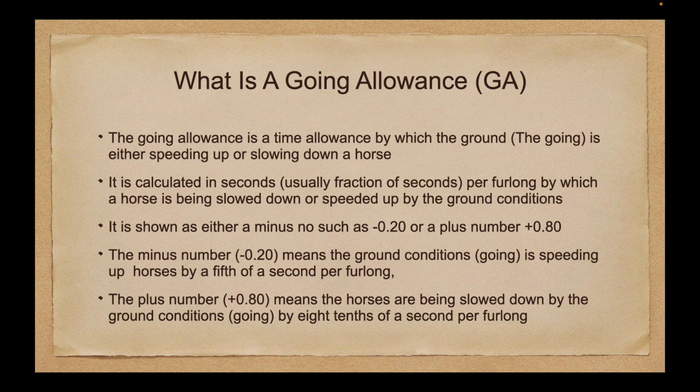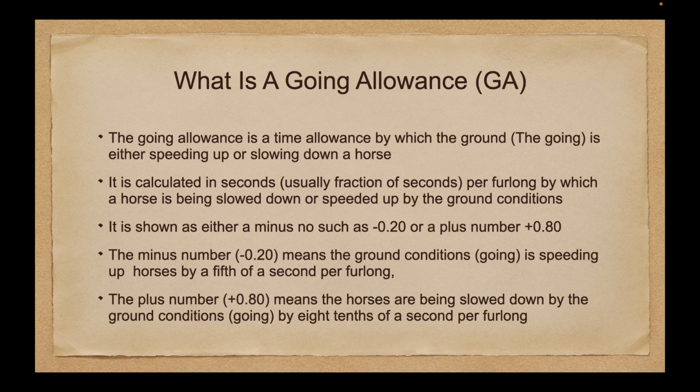So hard at Bath, say, or soft, which could be heavy at Haydock. So it's given in fractions of a second per furlong, by which a horse is being slowed down or sped up by the ground conditions.